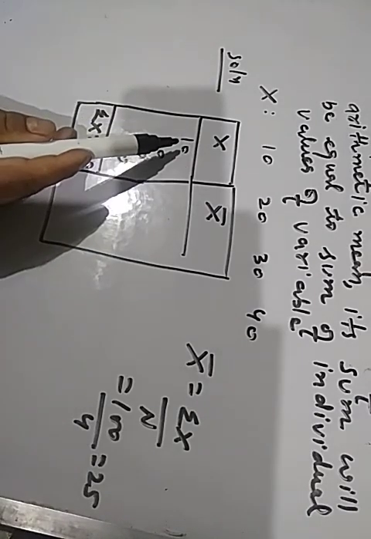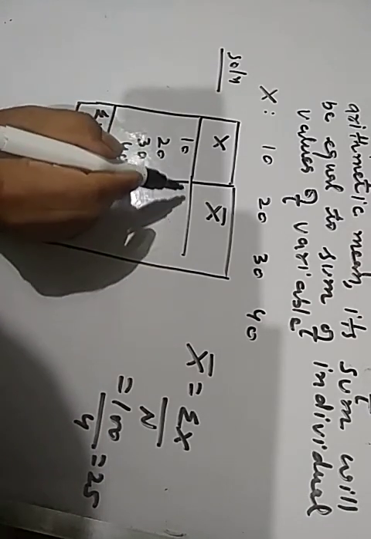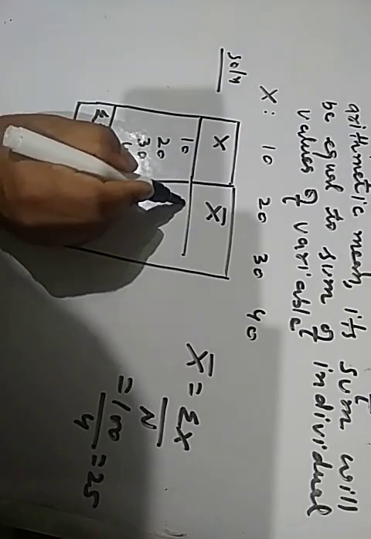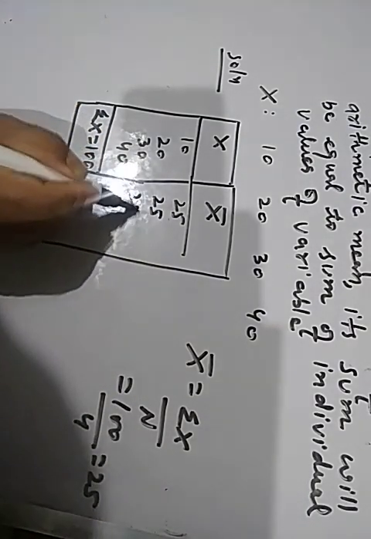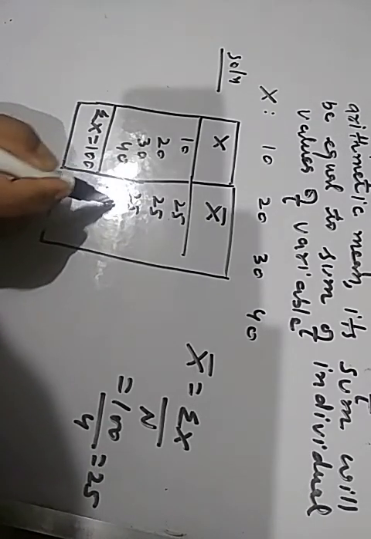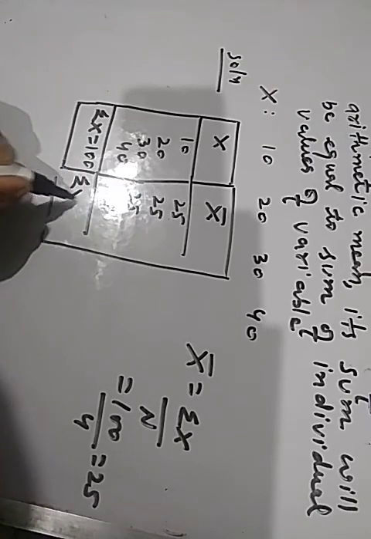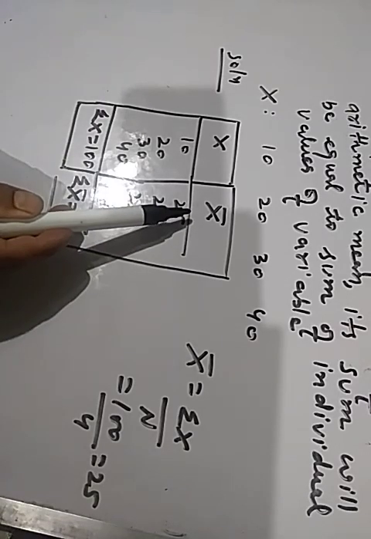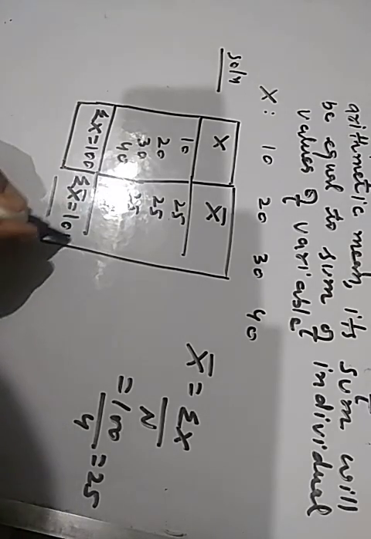Now we will replace these values of variable x by the value of the arithmetic mean. 10 will be replaced by the value of the arithmetic mean, that is 25. 20 will be replaced by the same value 25, and 40 will also be replaced by the value of the arithmetic mean, that is 25. Now the sum of these values, the values of the arithmetic mean, will be equal to 100.